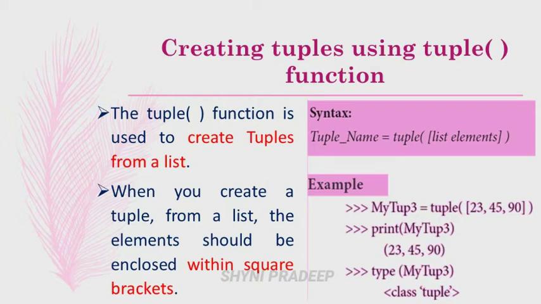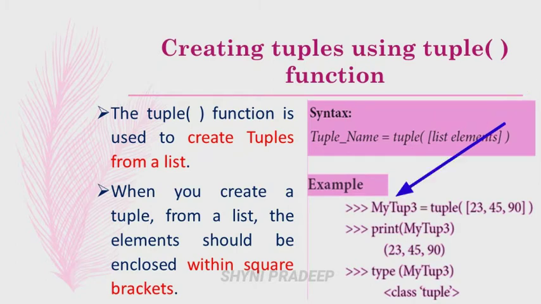See the syntax: tuple name is equal to tuple. Here we have to use the tuple function. Within parentheses, write the square brackets, and within the square brackets, you write the list elements. So this is the syntax.